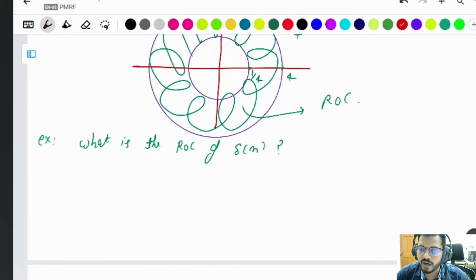The function will be absolutely summable. It will not be infinite or minus infinity. Then the ROC will be defined where the signal is stable, so the signal is summable.